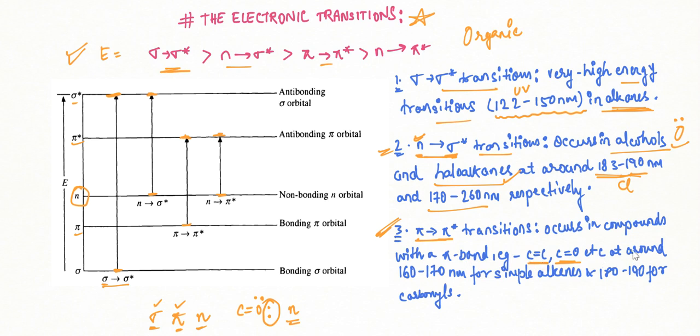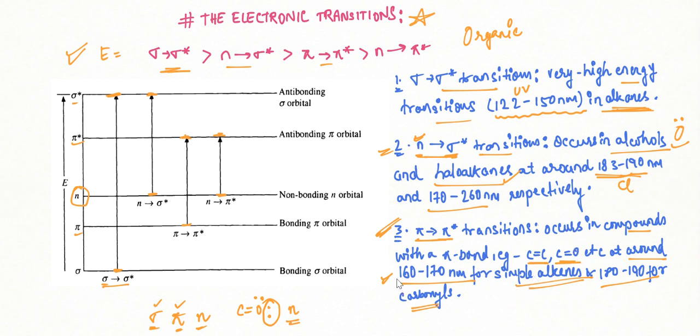It occurs in compounds with a pi bond at around 160 to 170 nanometer for simple alkenes. But if we talk about carbonyls, then it is 180 to 190 nanometer, and definitely this is going to happen because there is an oxygen connected over here.